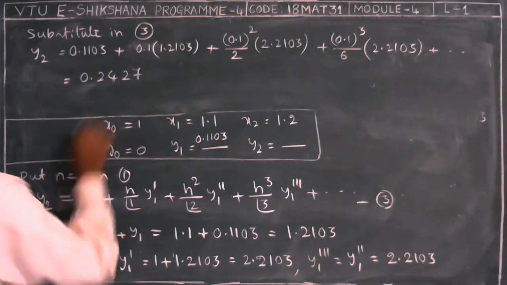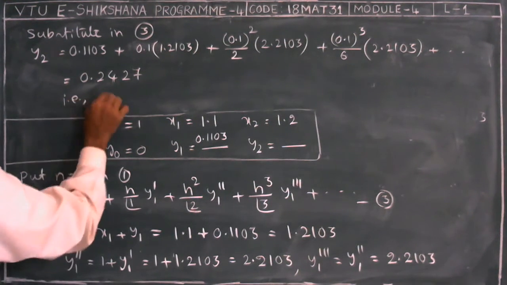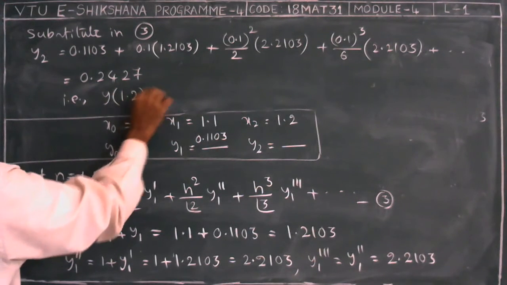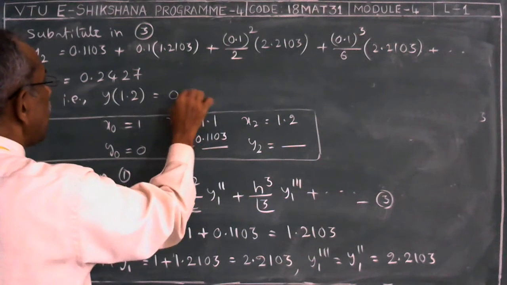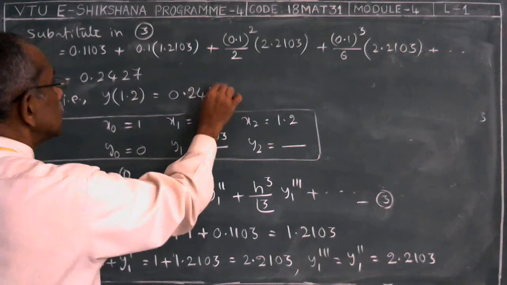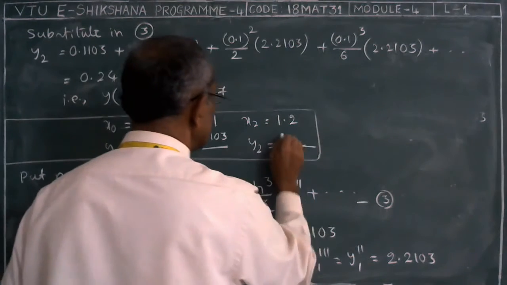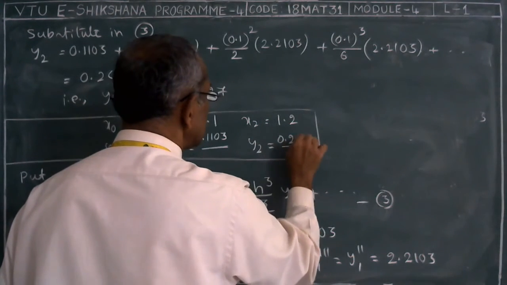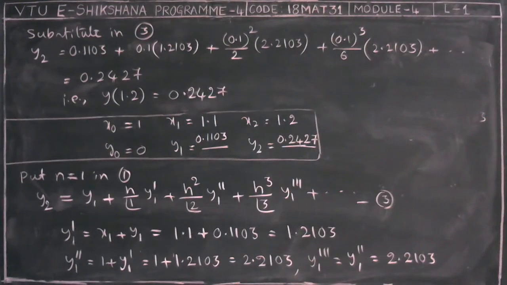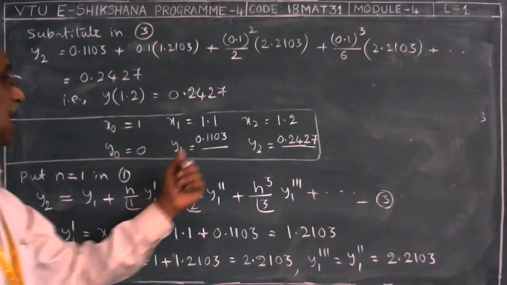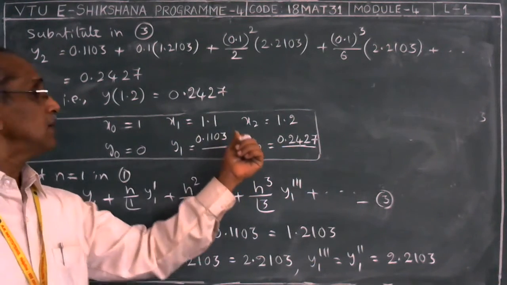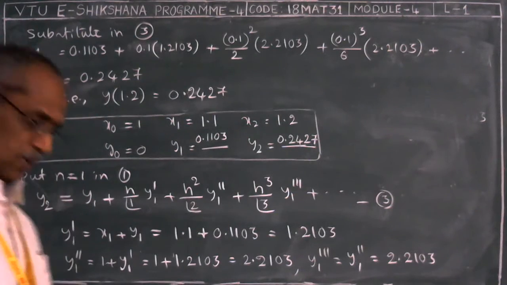So that is the value of y at x is equal to x2, that is 1.2, which is 0.2427. Now these are used to calculate the values of y at given equispaced values of x. So this completes the problem.